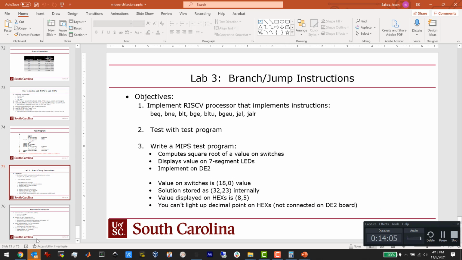Okay, so we've got branch if equal, branch if not equal, branch if less than, branch if greater than or equal, branch if less than unsigned, branch if greater than or equal unsigned, jump and link, and jump and link register.